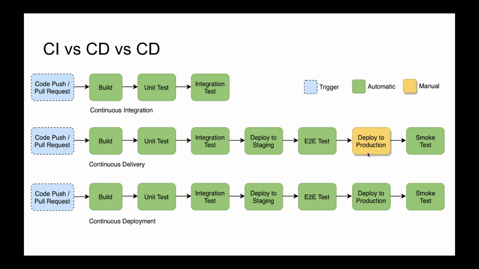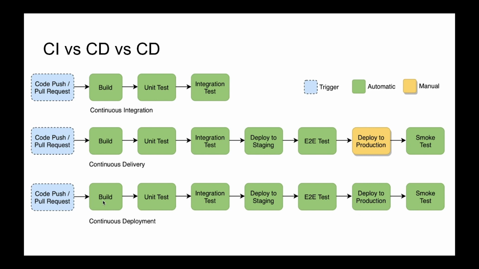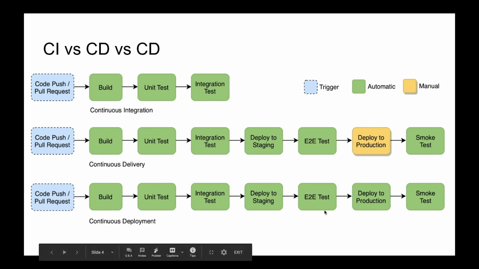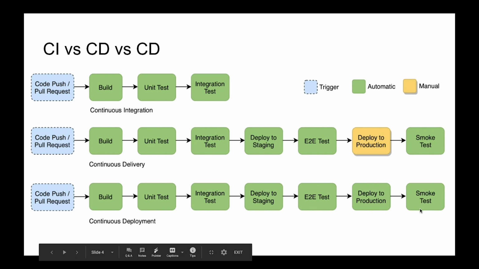So for continuous delivery, it's manual. We have to click a button to deploy our code to some production server. For continuous deployment, it's always automatic. So you push your code, then it runs build, unit tests, integration, deploys to staging, runs end-to-end tests, and if everything is okay, we automatically deploy to production and then run some smoke tests.